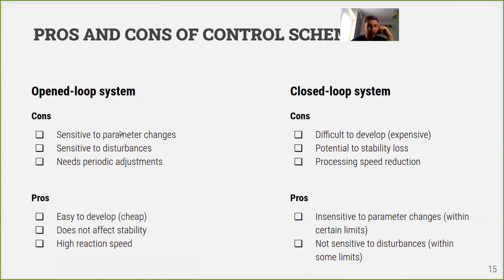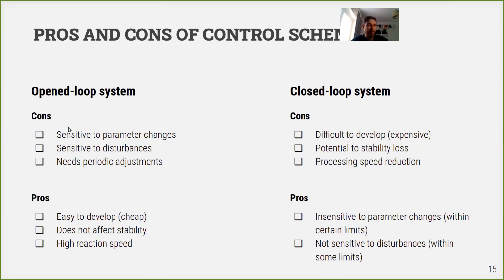Open loop systems are of course sensitive to parameter changes and sensitive to disturbances. We discussed it. If any internal or external conditions change, the system becomes unstable because its internal representation of a plant doesn't work anymore.